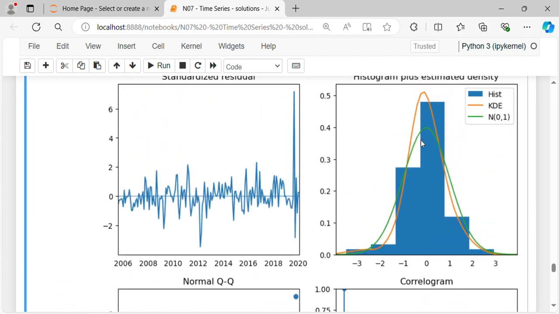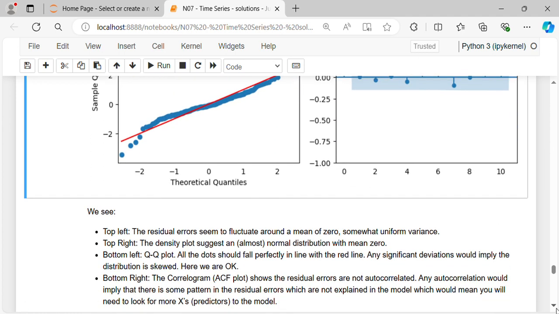The green line is the normal distribution curve, and the orange curve, which fits the density, is very close to the normal distribution curve with mean 0. And in the bottom left QQ plot, all the dots should fall perfectly in line with the red line. Any significant deviations would imply the distribution is skewed. Here we are okay.